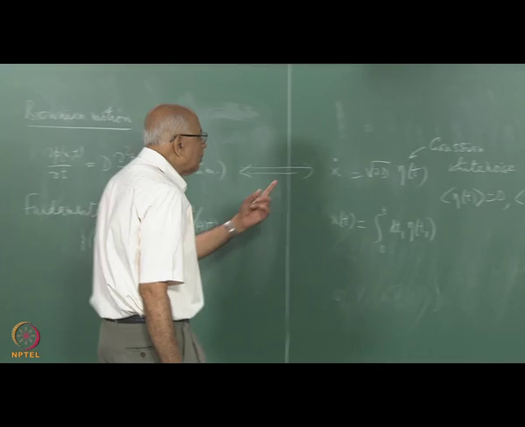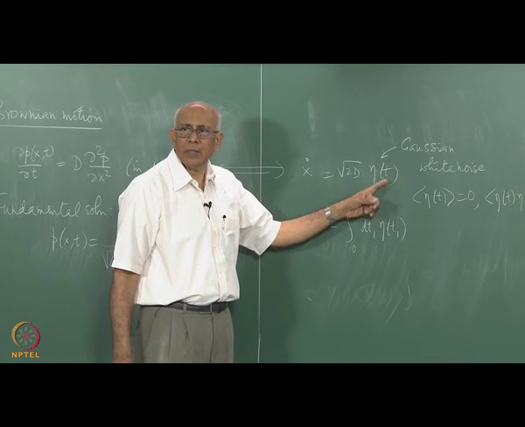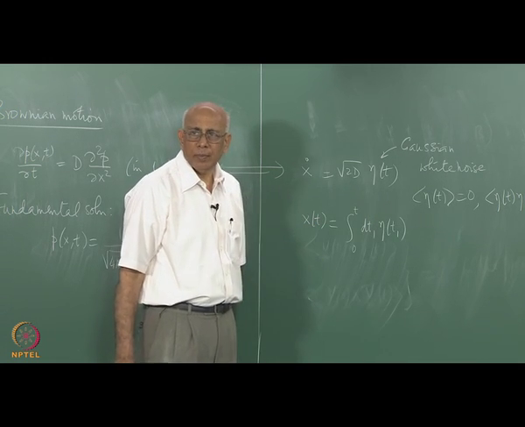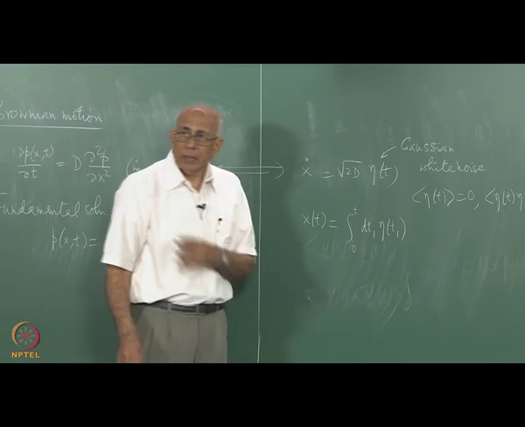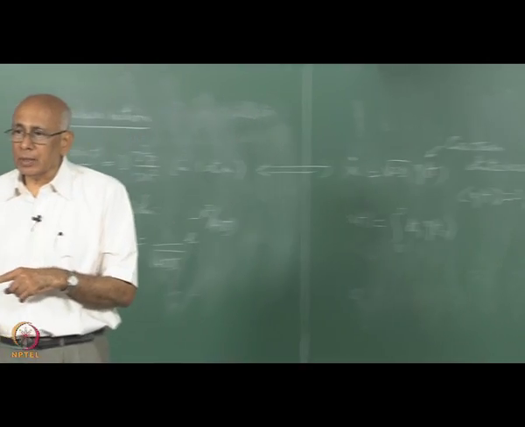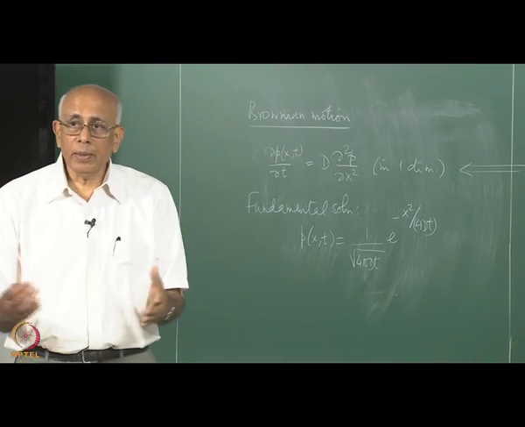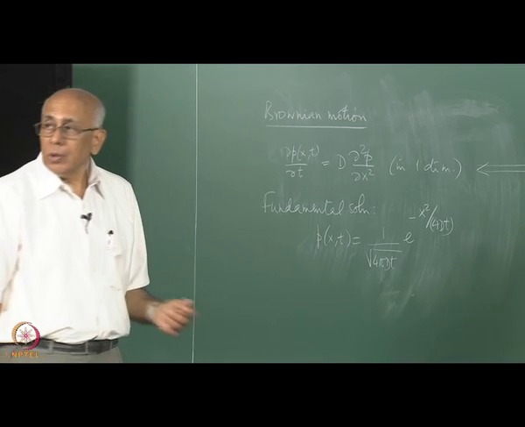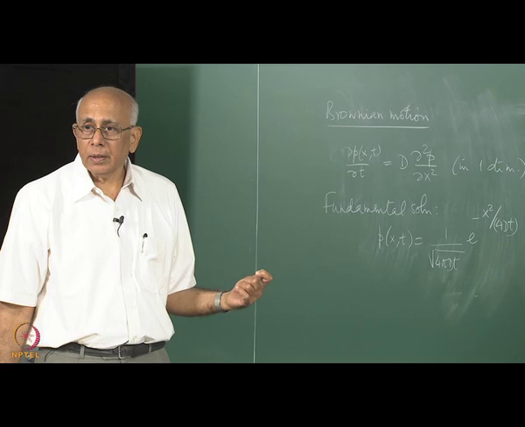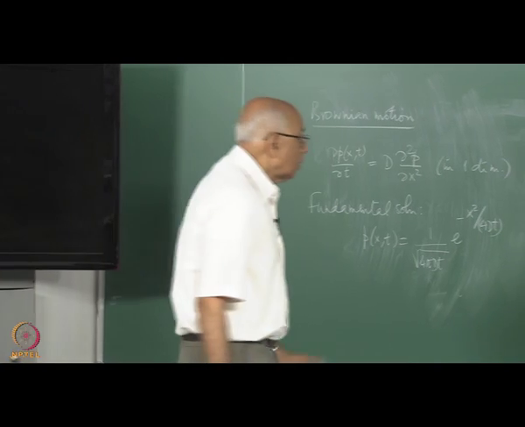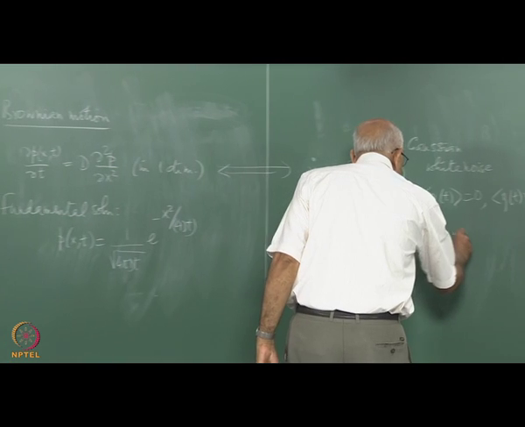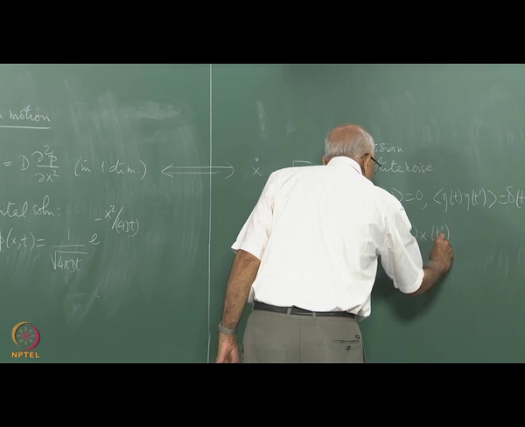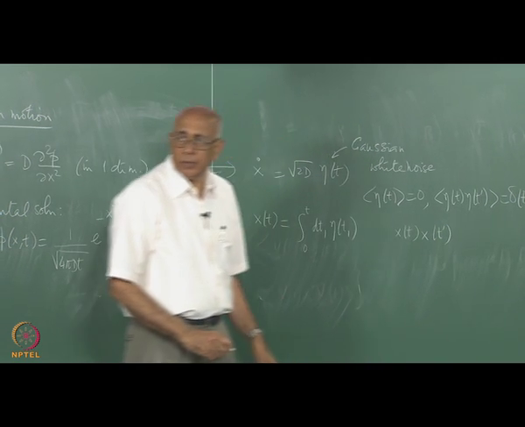Is this a stationary process? That is a stationary process. Its statistical properties are independent of the origin of time, but this is not. Remember, the velocity was a stationary process. When I wrote the Langevin equation down, it turned out to be a stationary random process. This one is not a stationary random process, and that is easily seen because all you have to do is to look at x of t prime and take its average.